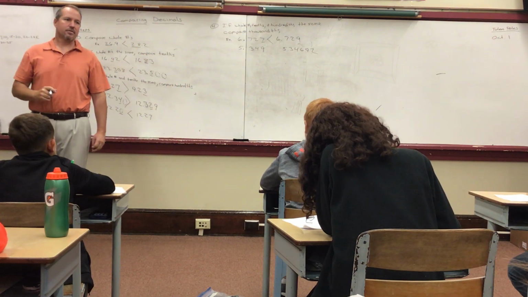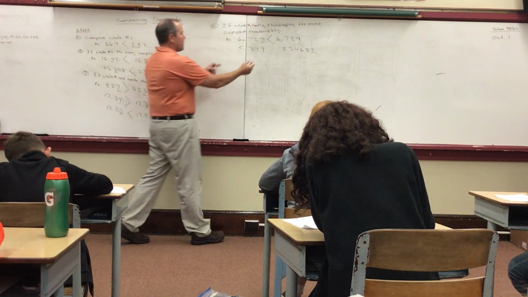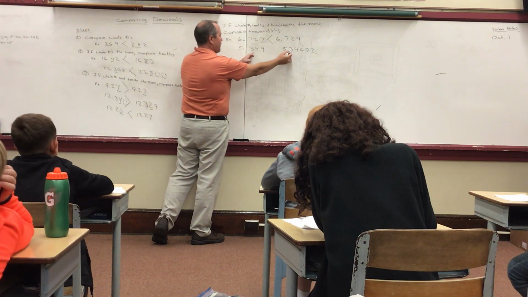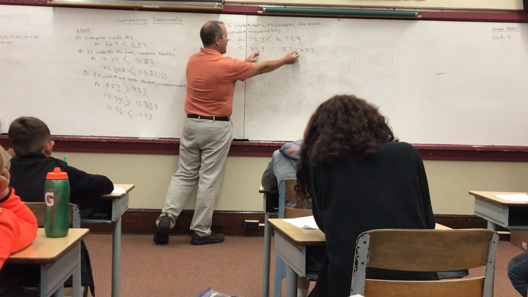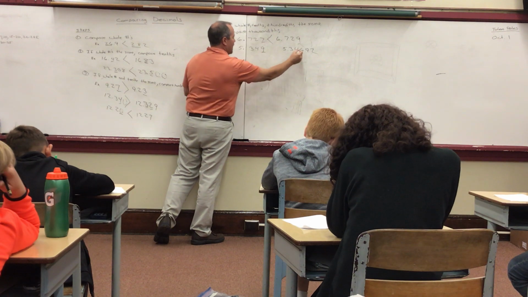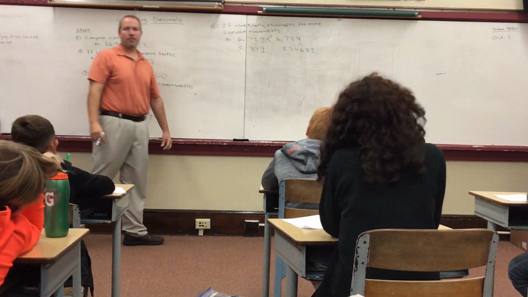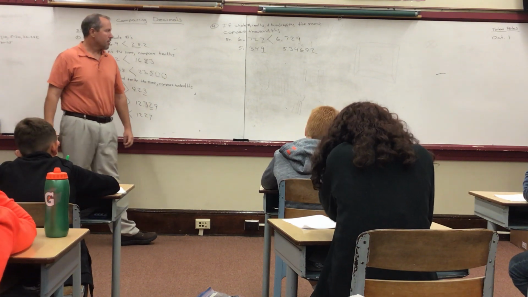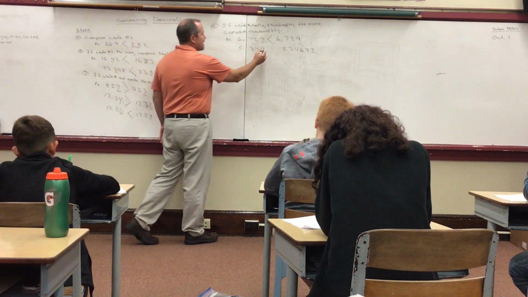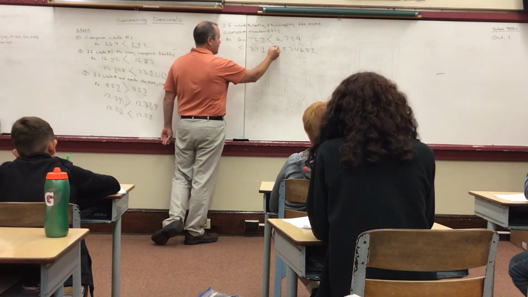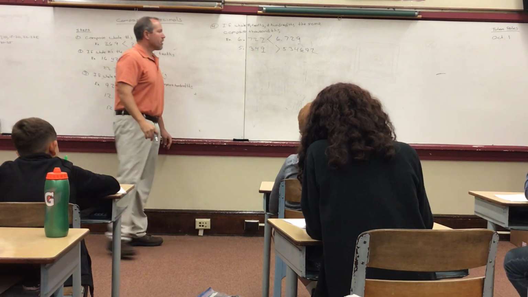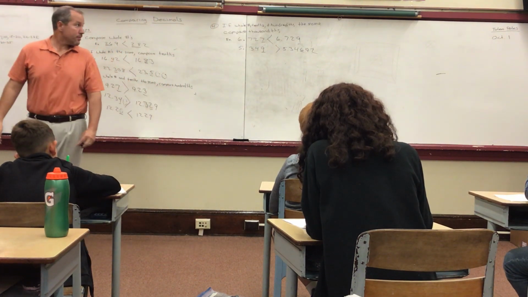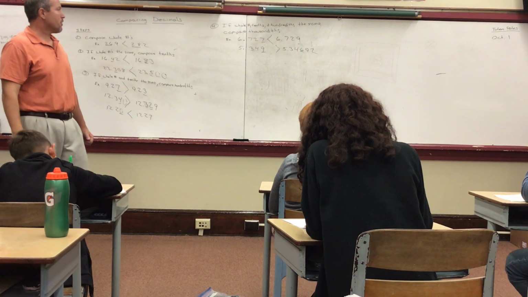First, compare the whole numbers, they're the same. Compare the tenths, they're the same. Compare the hundredths, they're the same. Compare the thousandths, we have a 9 and a 6. That's the first place where there's a difference. Since the 9 is bigger than the 6, 5 and 349 thousandths would be larger.